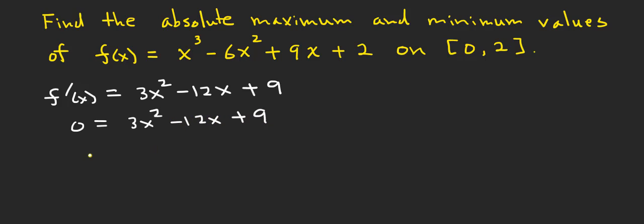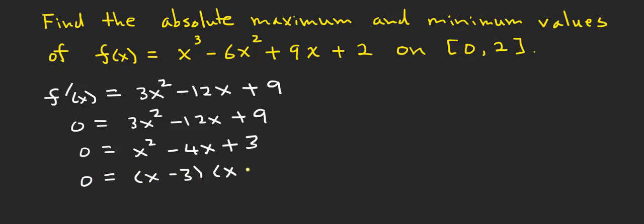Divide everything by 3. You could factor this. So you get x equals 3 or x equals 1. And these are the critical points. And notice, this is defined everywhere, so you don't need to worry about when this is undefined.